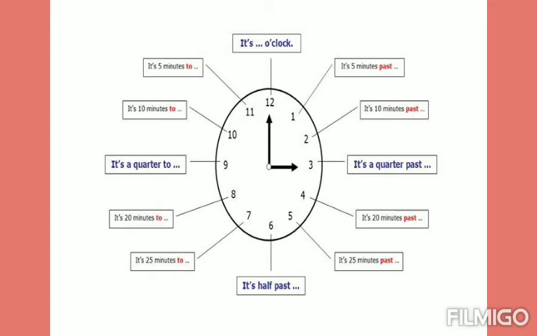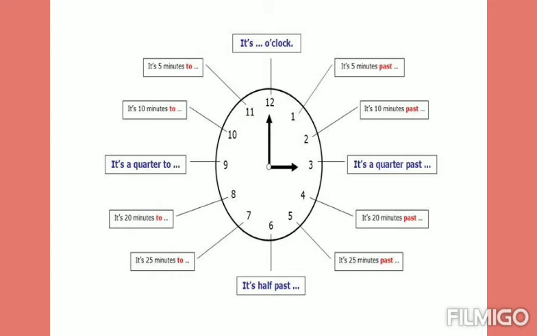Okay. And here, suppose the minute hand is at 4, and the hour hand slightly moves away from 3. Okay, so now you can read the time as 20 minutes past 3.